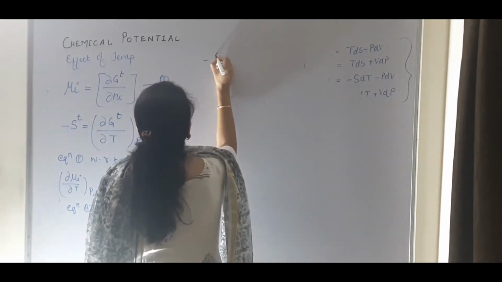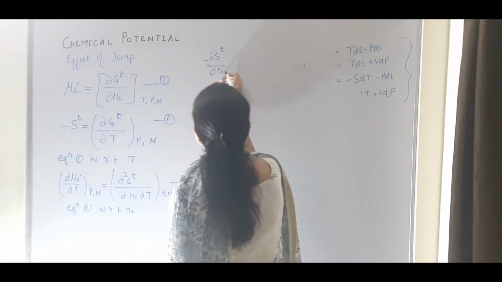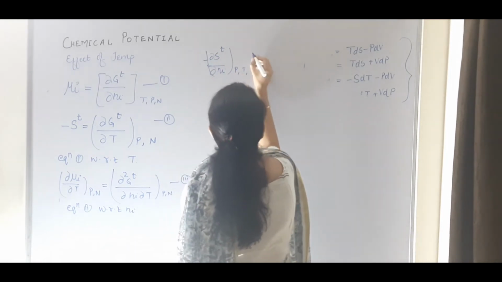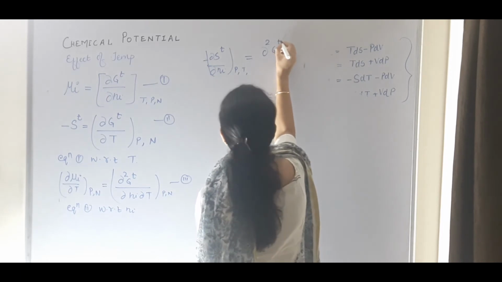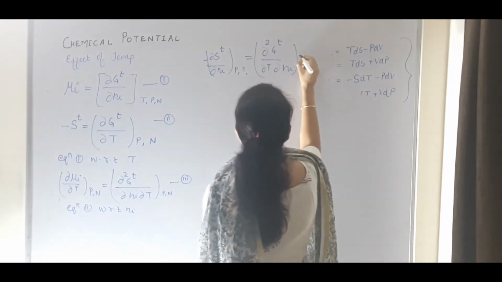Minus ∂S_t upon ∂n_i, where pressure and temperature are constant, is equal to ∂²G_t upon ∂T ∂n_i. So this is equation number 4.